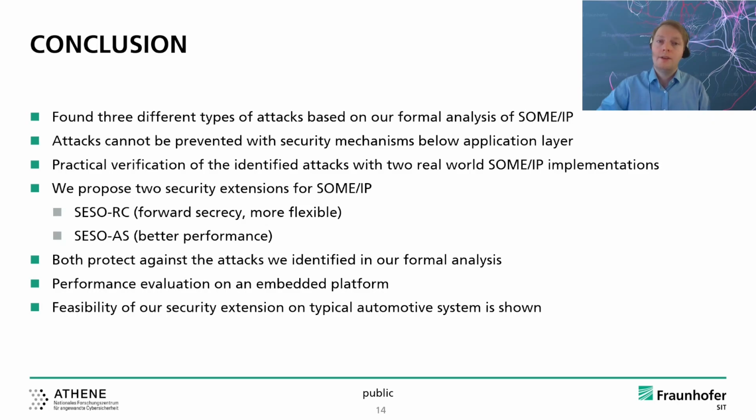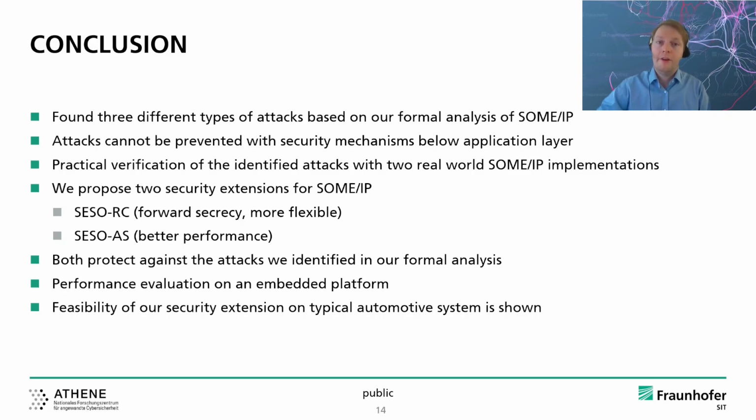To conclude our talk, we found 3 different attack methods based on our formal analysis of SOME/IP. These attacks work even if security measures like MACsec or SESO-C are present, since these do not secure the routing which is introduced by SOME/IP on application level.